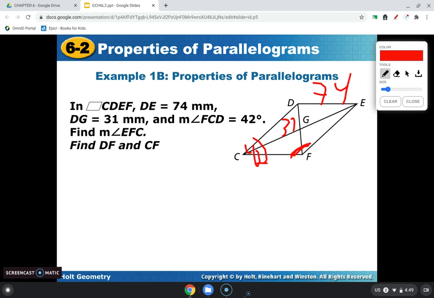We'd take 180 minus 42, which would be 138. Those would have to add up to 180. On DF, well, DF would be this whole diagonal. We'd double the 31, so that would be 62, because the diagonals are bisected in a parallelogram. And then CF would be 74 because it would be the same as DE, because they are opposite sides in a parallelogram.